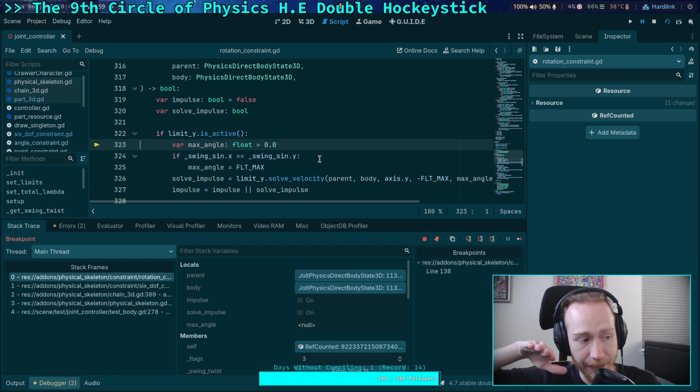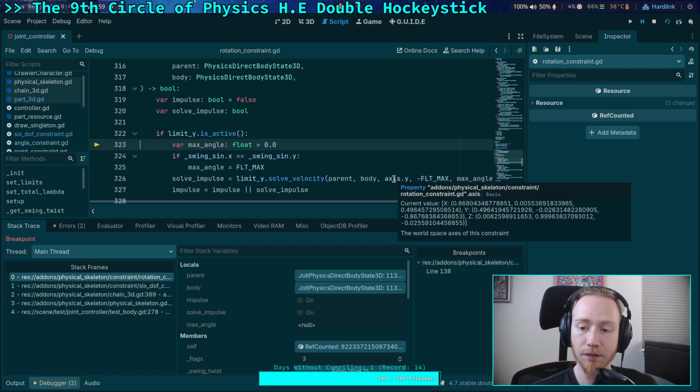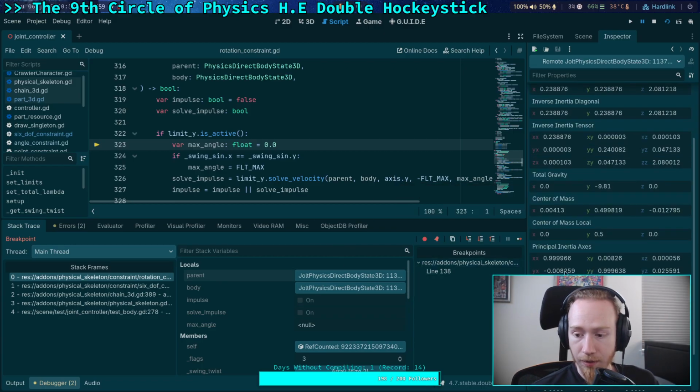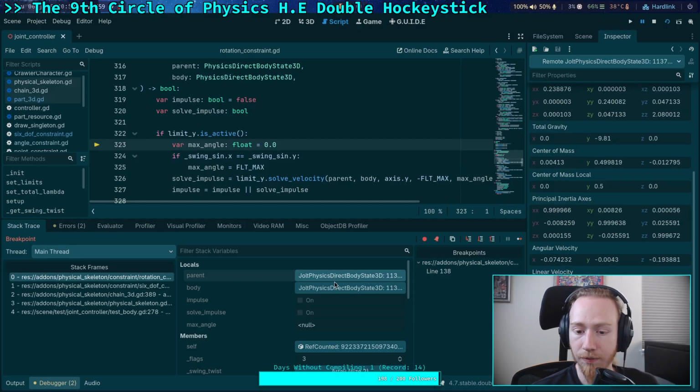That's supposed to be like this body's that direction. Which seems like that's what it is. It's going to act on that axis. So here's the incoming velocities. The motor is definitely right. I'm sure the motor's right.